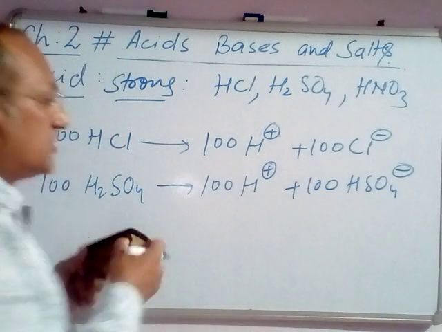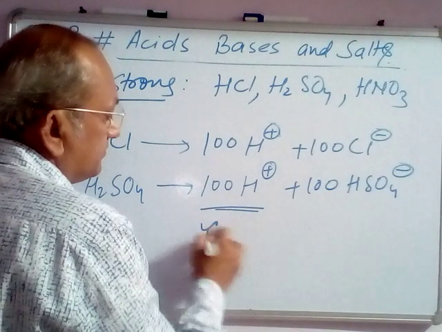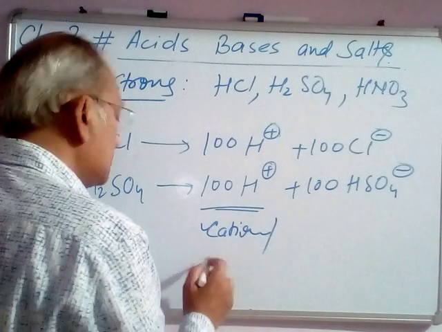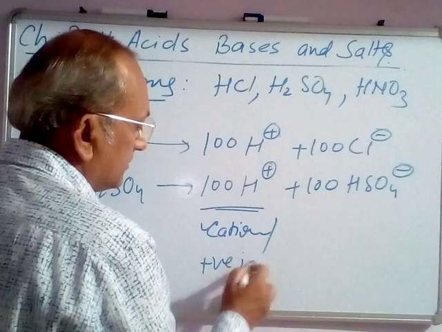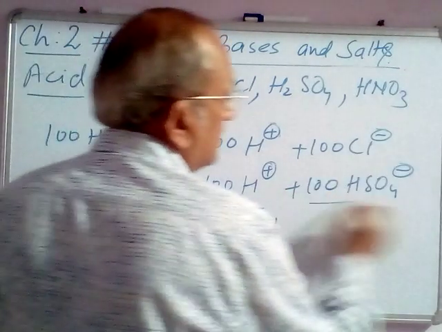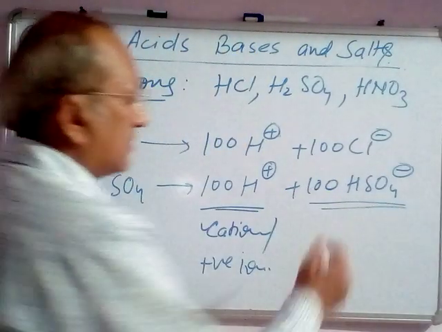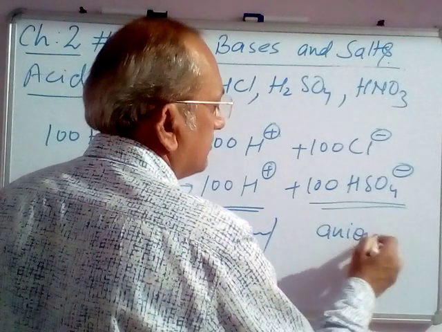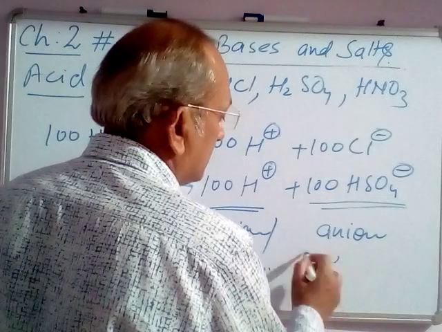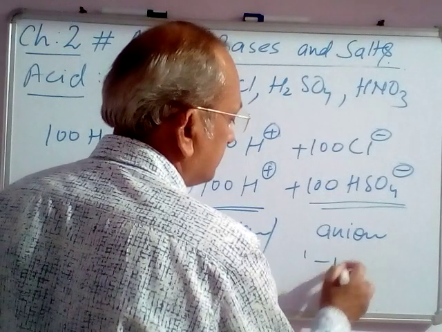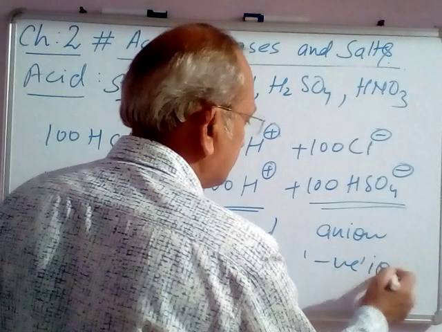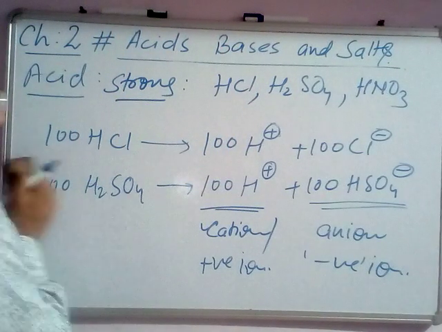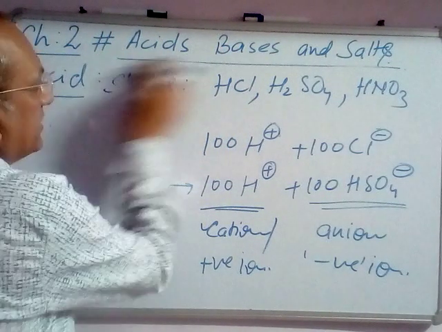This positive part is called cation or positive ion. This negative part is called anion or negative ion. So this is the strong acid.